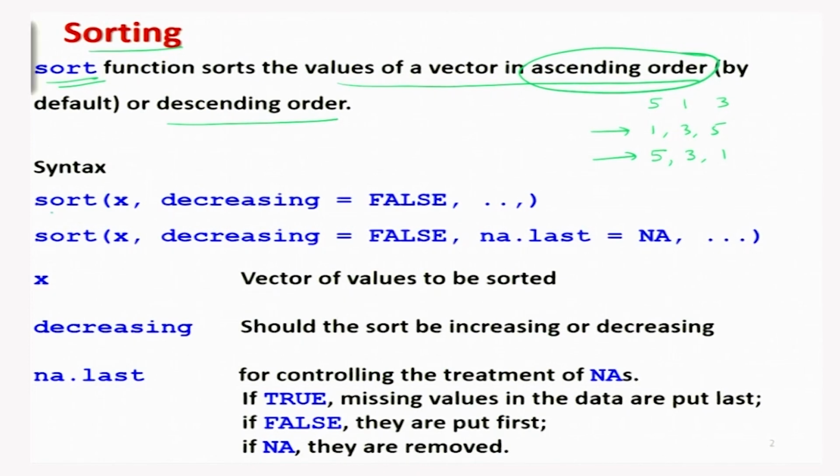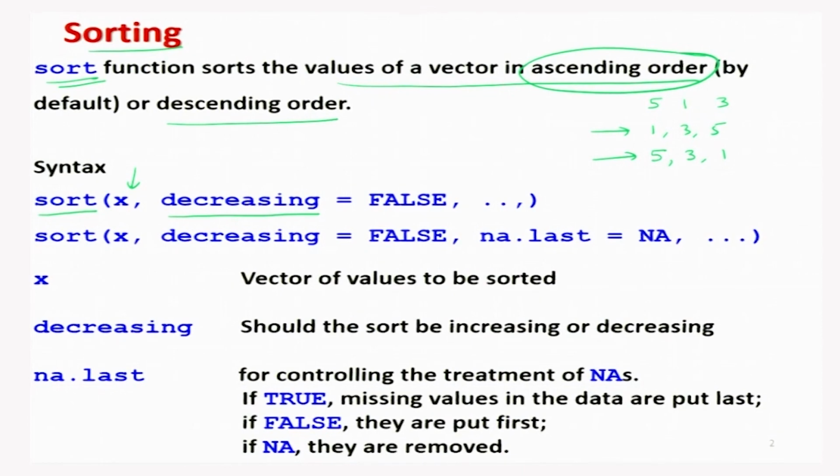You simply have to write the command sort, all in lowercase alphabets, and within the parenthesis you have to write down the data vector in which you have arranged the values and you want to sort them out. After this there is an option here, decreasing, all in lowercase alphabets, and this is a logical variable and you have to give its value as true or false.